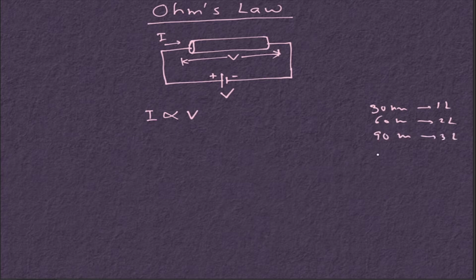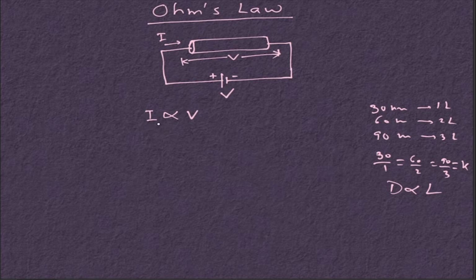So you can see that 30 by 1 is equal to 60 by 2, which is equal to 90 by 3, which is equal to a constant. You can say this constant is the performance indicator of the vehicle. Here the distance traveled is directly proportional to the quantity of petrol consumed. Similarly, here I is directly proportional to the voltage across the conductor.